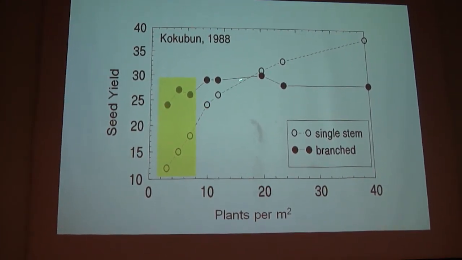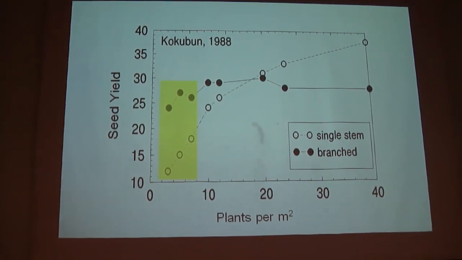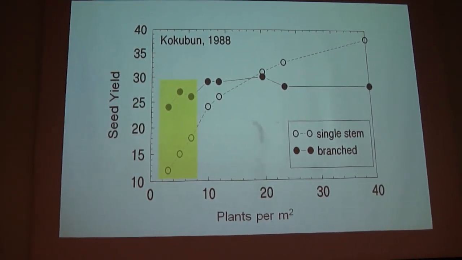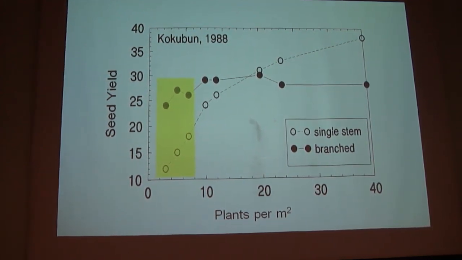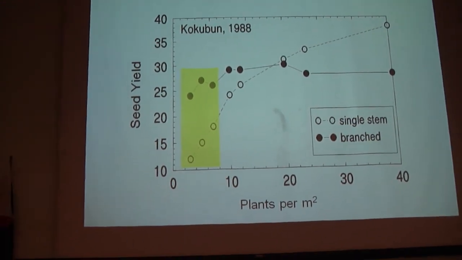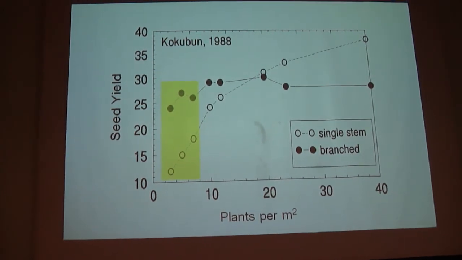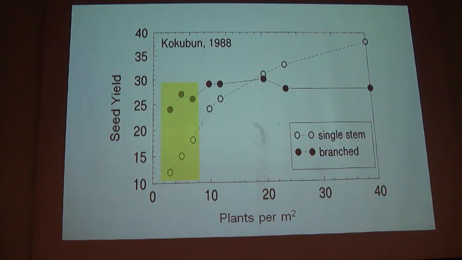But as you go to higher densities, the single stem lines come into their own and perhaps intercept the total solar radiation earlier, or have fewer wasteful stems that never get enough resources to make seeds, or whatever. At any rate, results consistent with Donald's idea for soybean.